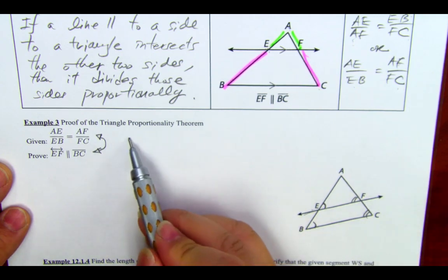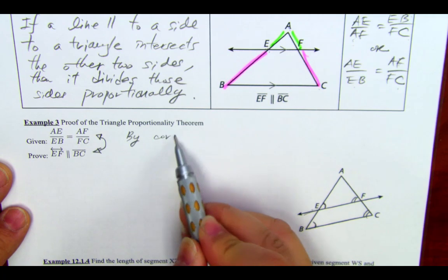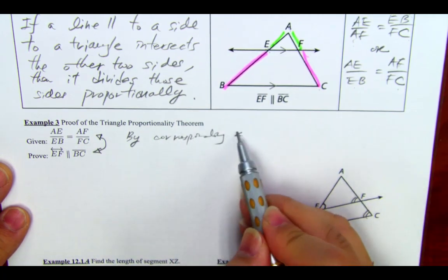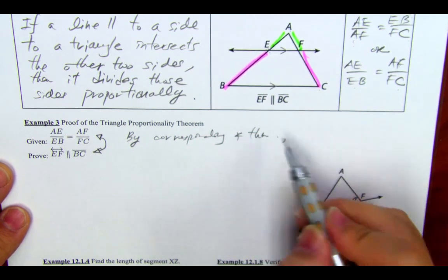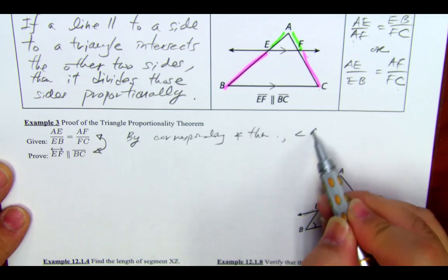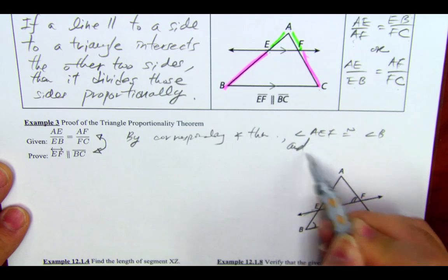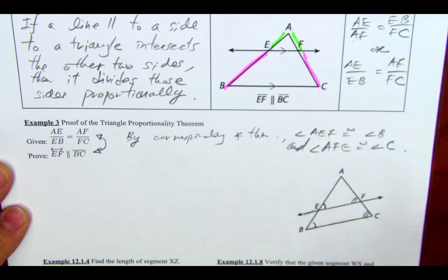Therefore, by using the corresponding angle theorem, we know that these two angles are the same. So we know that angle AEF is congruent to angle B, and angle AFE is congruent to angle C.